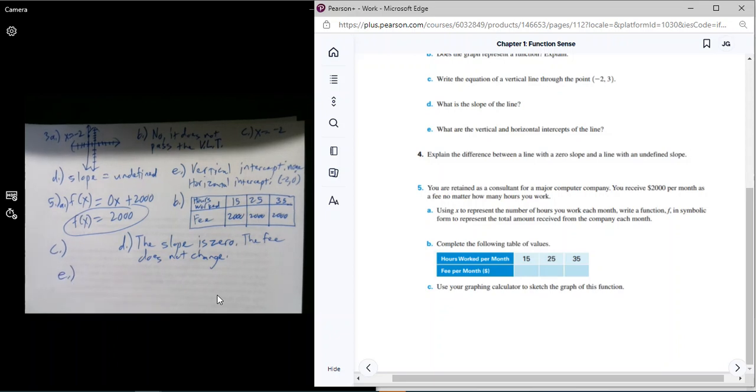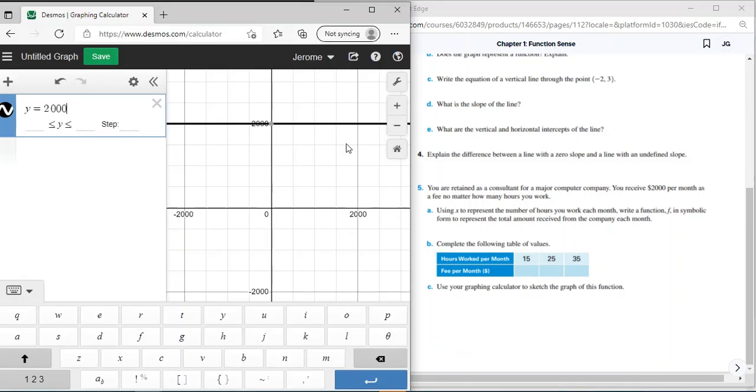Okay, E, describe the graph of the function. So basically, what we saw here on Desmos, you notice it's a horizontal line at y equals 2,000.